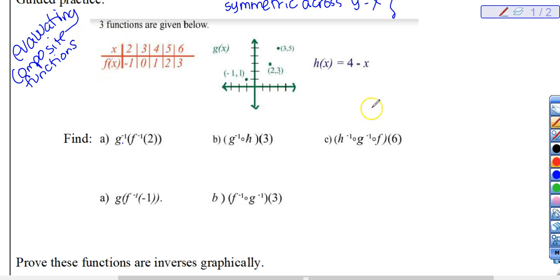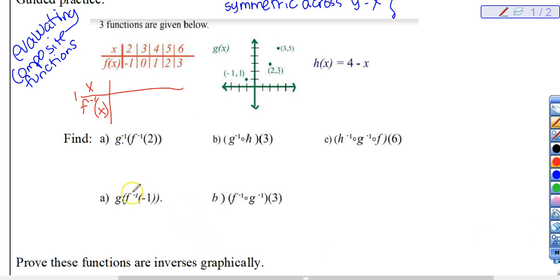This is my f of x. So I'm going to grab my red pen here, and I'm going to find x and f inverse of x's points. So I'm just going to do another table, if you don't mind. So what do we know about the points for functions and their inverses?